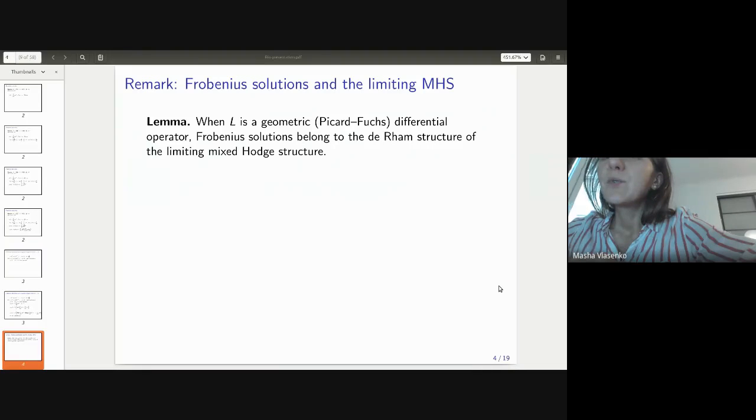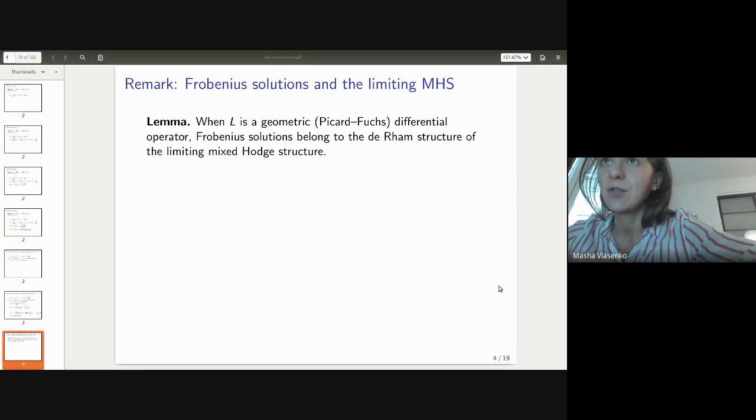So if we solve a differential equation and find this basis in the space of solutions consisting of Frobenius solutions, as I just said, they can be power series with rational coefficients, and then we can take their rational linear combinations, and this will be a rational structure in the space of solutions, a subspace over Q, such that when we tensor with C, we get the whole space of solutions.